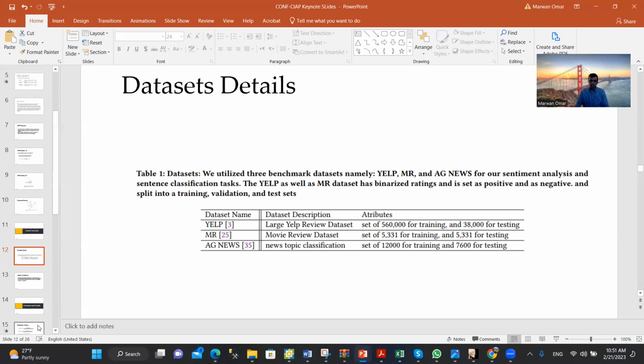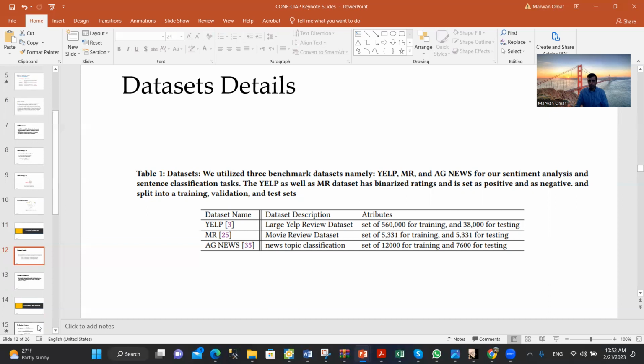The Yelp as well as MR datasets have binarized ratings and are set as positive and negative, and split into training, validation, and test sets. The Yelp dataset includes a set of 560,000 data points for training, another 38,000 for testing.